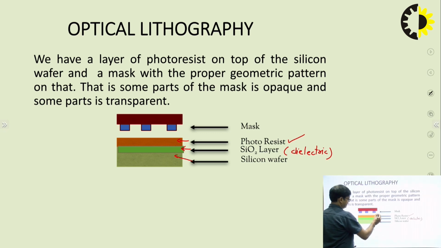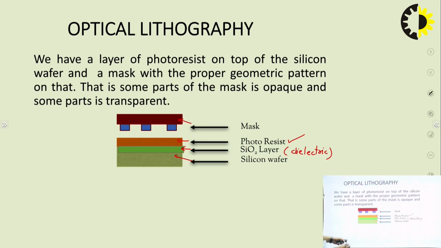And then there is a mask. This is our mask. Mask has some areas through which radiations can pass, and there are some areas where radiations cannot pass.